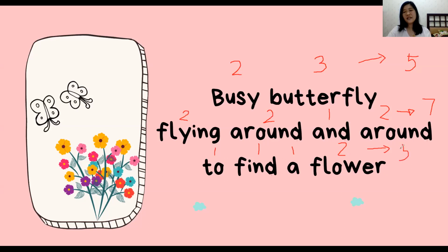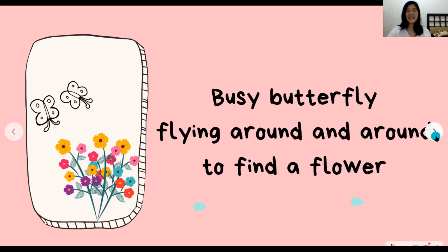Yes, 5. So there are 5 syllables on the third line. Okay, so first line has 5 syllables, second line has seven syllables, while the third line has 5 syllables.